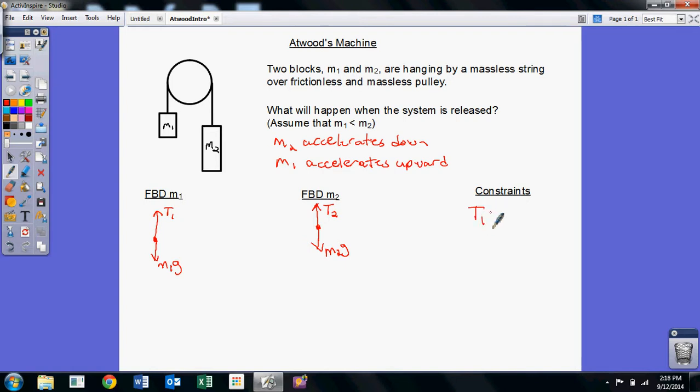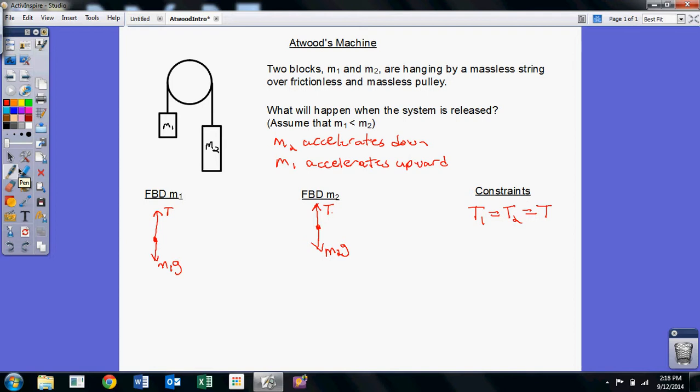So T1 is equal to T2, which we'll just start calling T. I'm going to erase T1 and T2, so the tension force on each end of the string is the same.